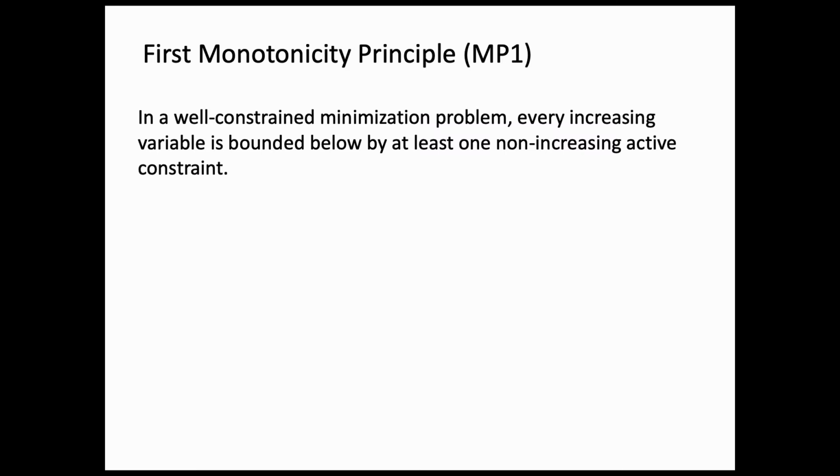The principle is, in a well-constrained minimization problem, every increasing variable is bounded below by at least one non-increasing active constraint. Just reading it like this may not be that intuitive, but we're going to go through some very systematic examples based on this statement that allow us to analyze problem formulations in a very effective way.